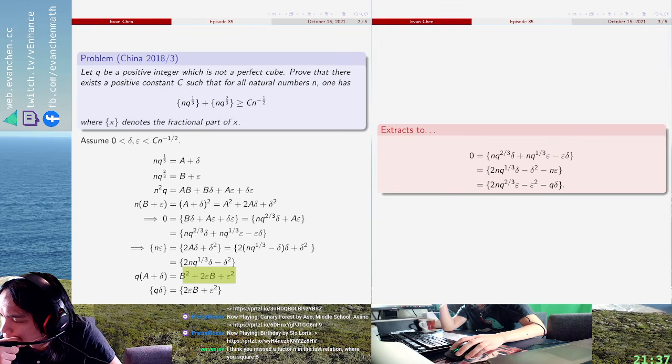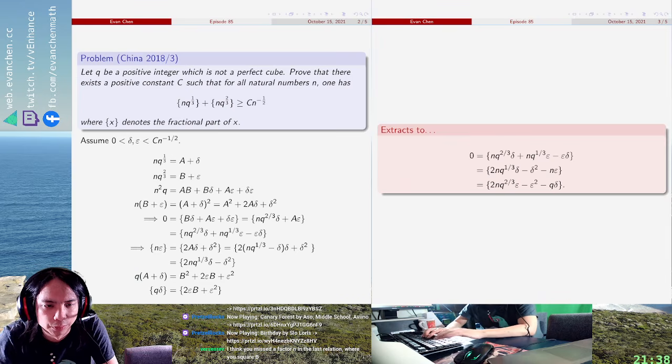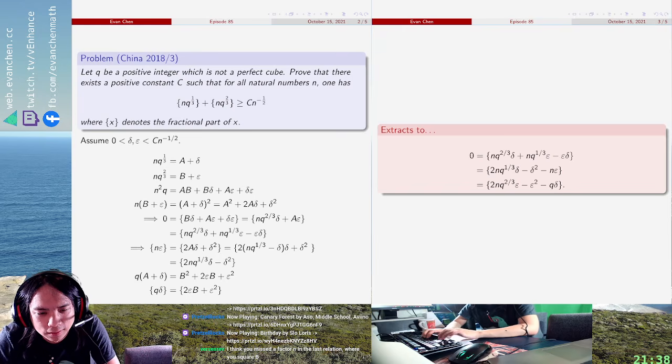What did I mess up? Oh, yeah. There's an n missing. How did that happen? This is the NQ, right? NQ. Oh, I don't know if that's better or worse. It's NQ delta.